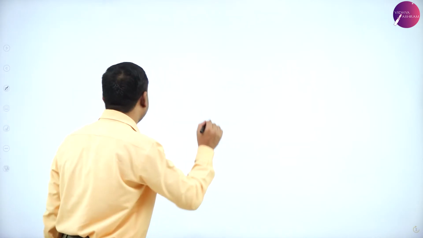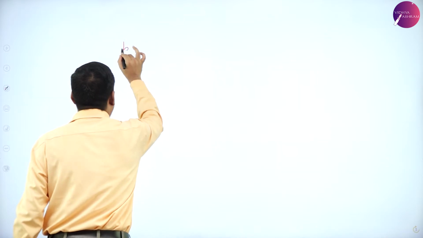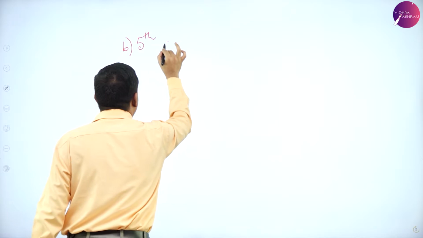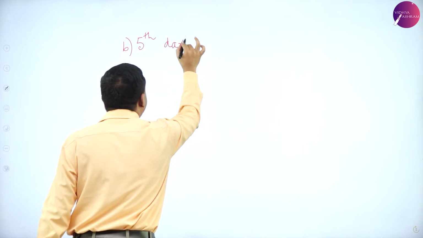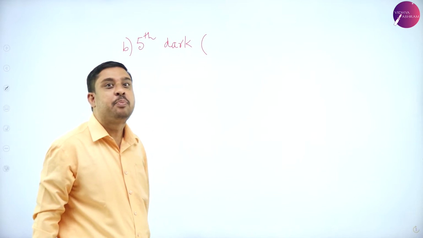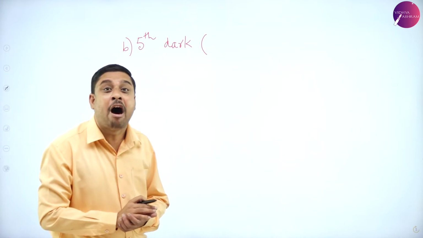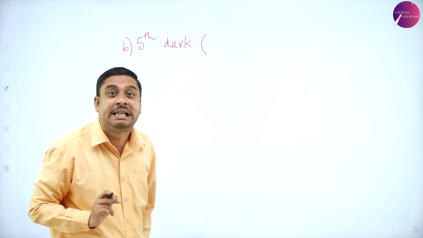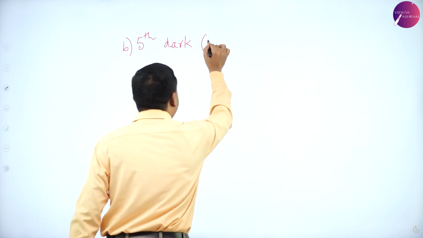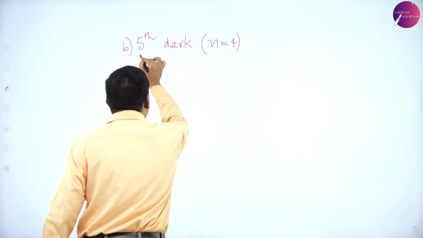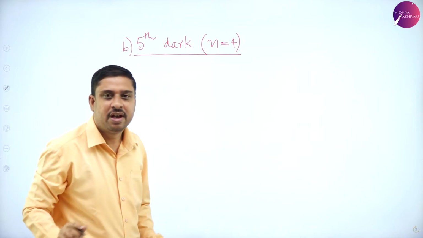The next one I consider is the fifth dark fringe. And this is important, please understand. Dark fringe, fifth dark. So whenever dark fringe is given, n should be 1 less than whatever is given.